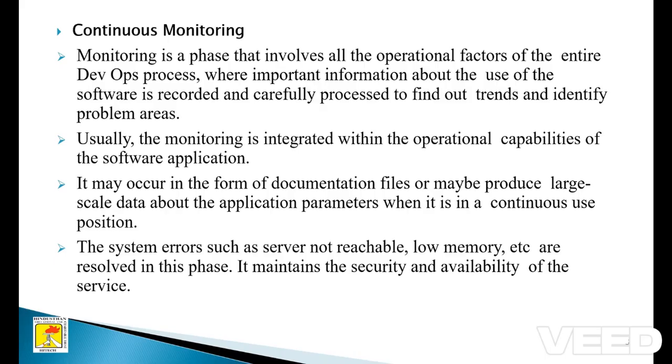Usually the monitoring is integrated within the operational capabilities of the software applications. It may occur in the form of documentation files or may produce large-scale data about the application parameters when it is in continuous use.